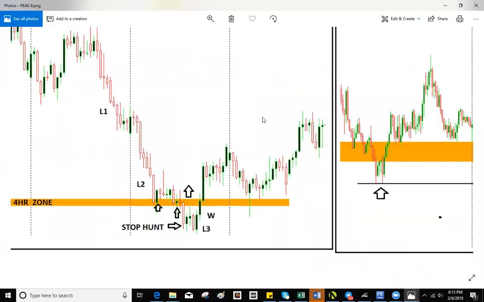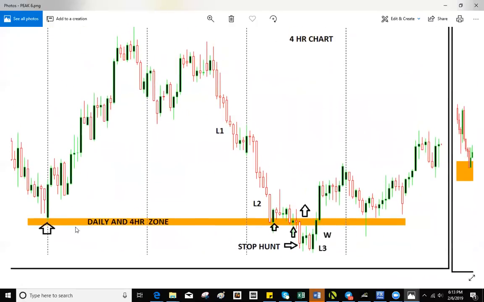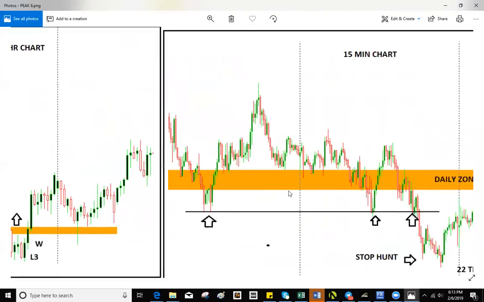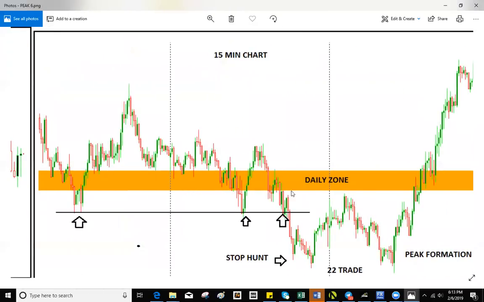And again, we could see that they did close under the zone, touch it as a resistance here, and then they shift off of sellers. Even this is how it looks on the 15-minute chart. You could see that they did another little critical area, and then they closed below it.